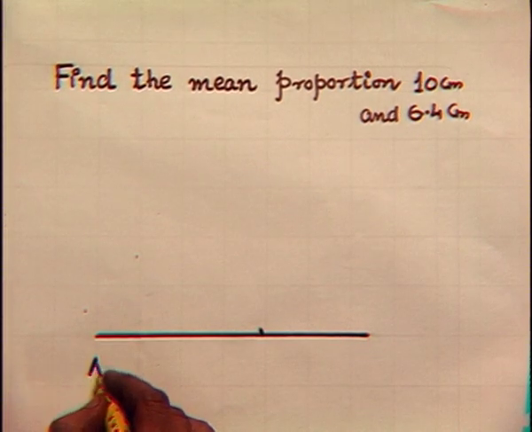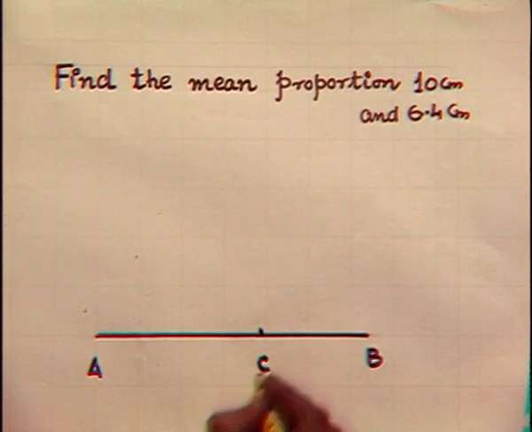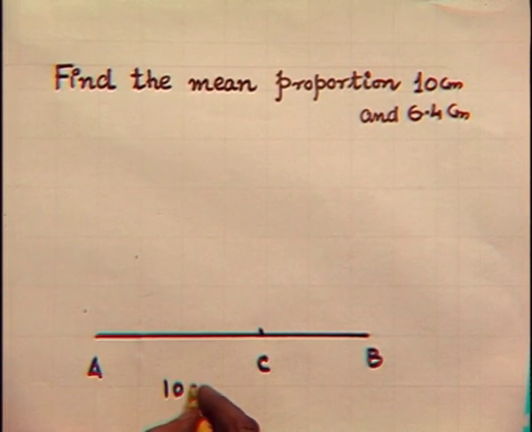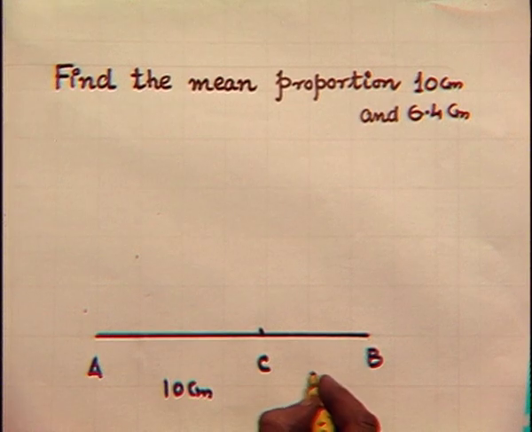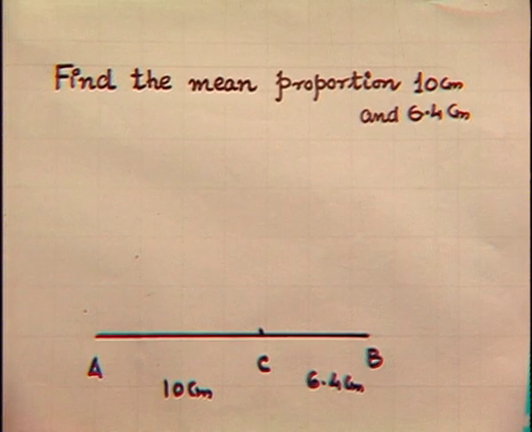So, here is A, B, and this is the point C. So, AC clearly here is 10 centimeters and CB is 6.4 centimeters. So, firstly we shall bisect this line AB, that is, we shall be getting the midpoint of the line AB, and for that once again we make use of compass.